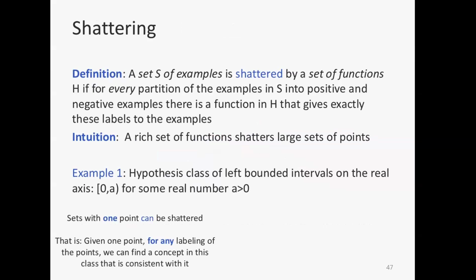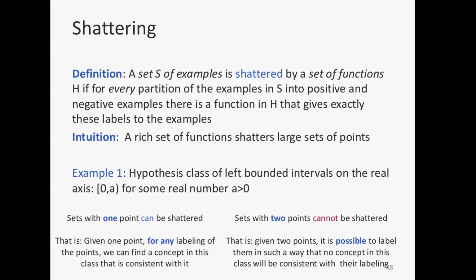If I have one point, no matter how I label that point, there's some function inside my function class that matches that label. But sets containing 2 points cannot be shattered, because given any 2 points, it's possible to find a labeling that cannot be matched by your set of functions. Even one such labeling, one counterexample, is sufficient. In this case, we had exactly one counterexample.